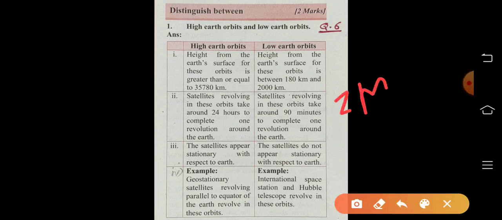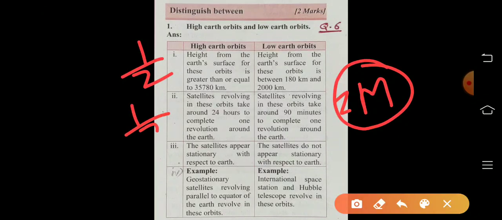You are getting 2 marks, half mark for each. And if you write only 3 points, you are getting only 1.5 marks. So 4 points are compulsory. If distinguish is asked for 3 marks, how many points are we writing? Total 6 points on both the sides in our distinguish column.